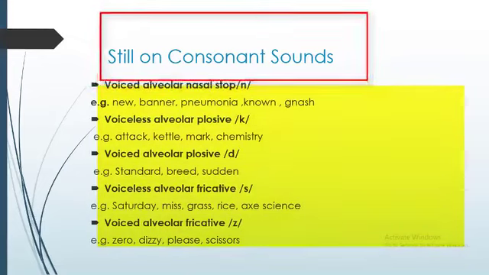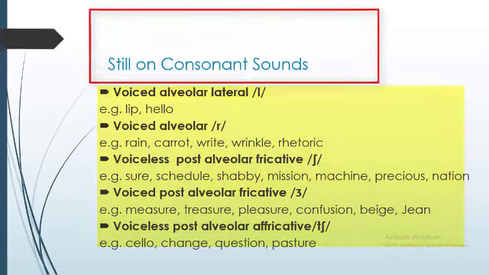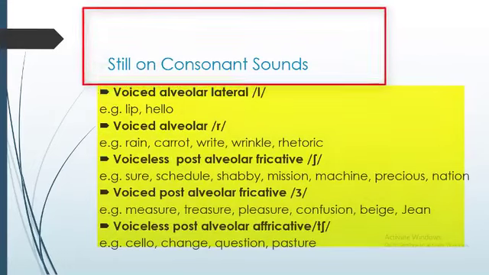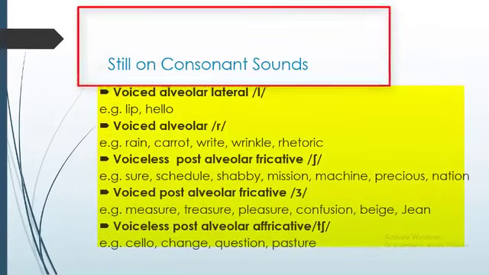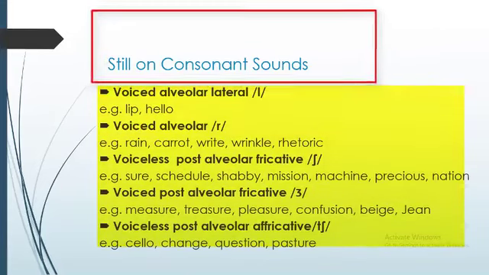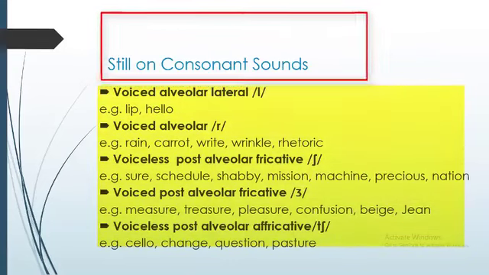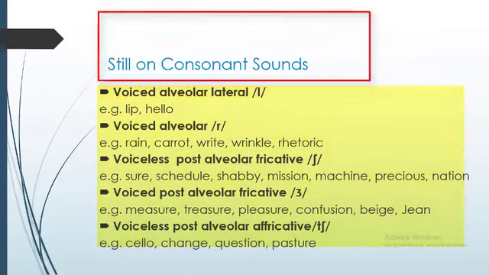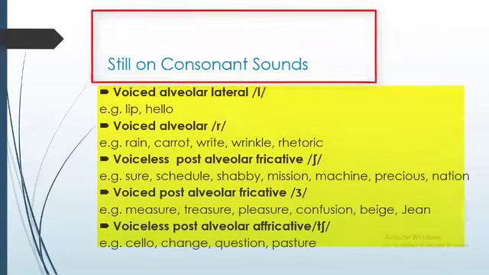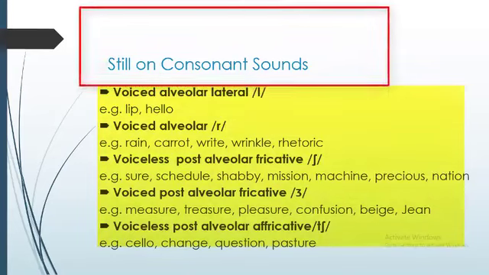Then we have Z. It's a voiced alveolar fricative consonant sound. Then we have L. It's a voiced alveolar lateral consonant sound. Hello, lip. Then we have R. It's a voiced alveolar consonant sound. Rain, carrot, right, wrinkle, rhetoric.